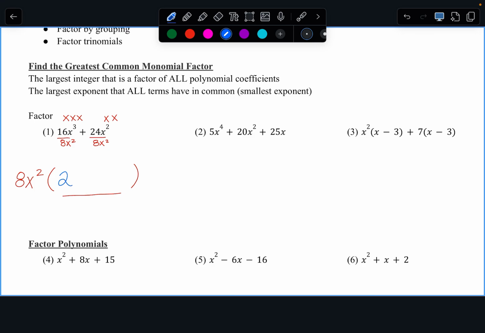And x to the third divided by x to the second? How many x's are left over? 1. And then 24 divided by 8? Positive 3, good. And then x to the second over x to the second, there are no x's left over. That is how you factor out what they have in common.